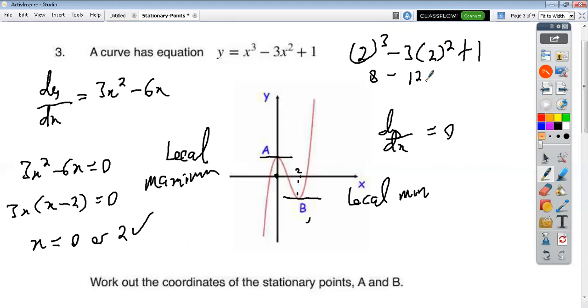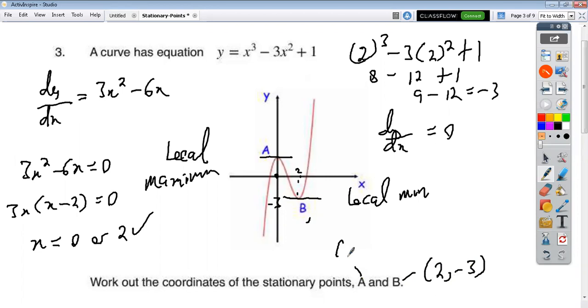Is that correct? Yes. Plus 1. So if you add, that's 9 minus 12, it gives you negative 3. So it means this is minus 3.